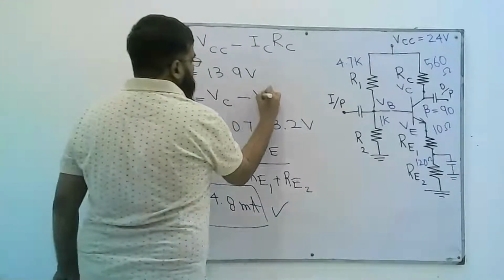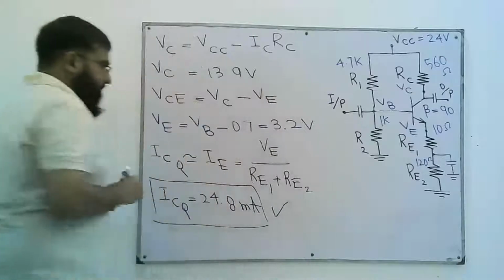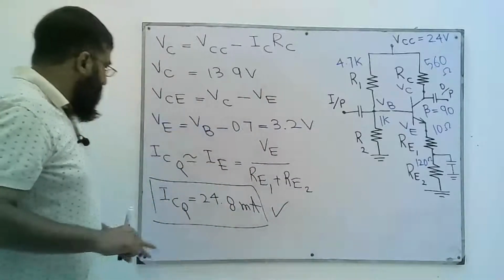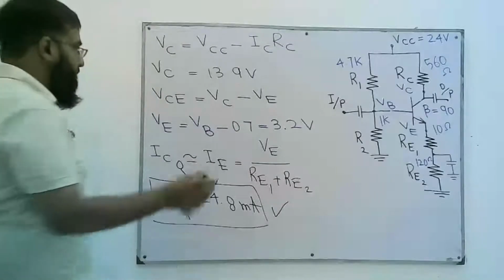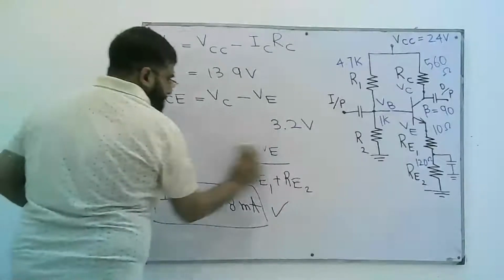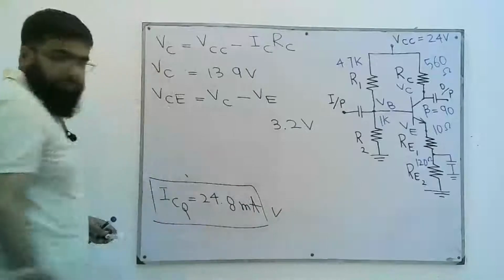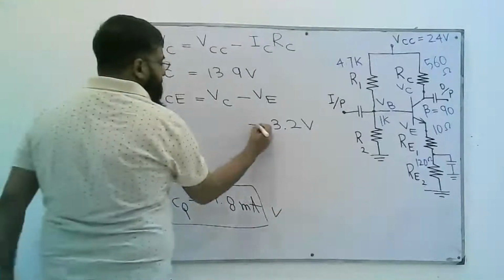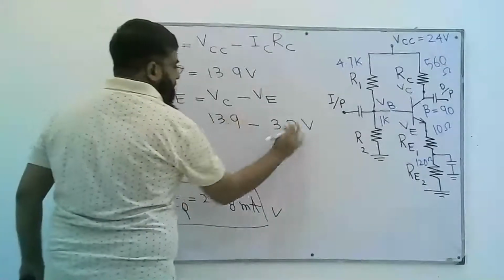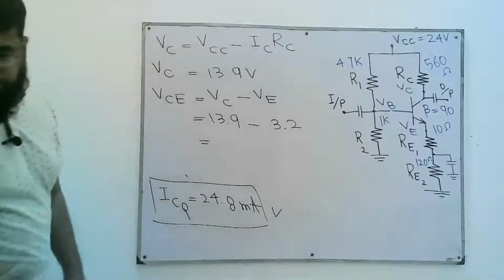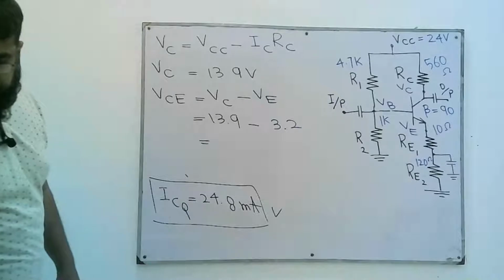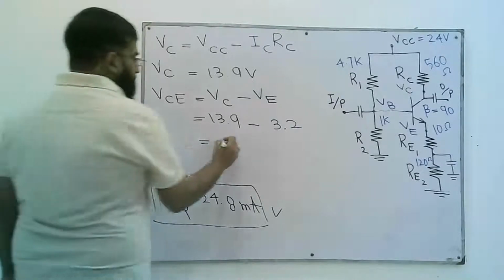So VCE is VC minus VE. VE is 3.2, VC is 13.9. So this is 13.9 minus 3.2, which is 10.7.